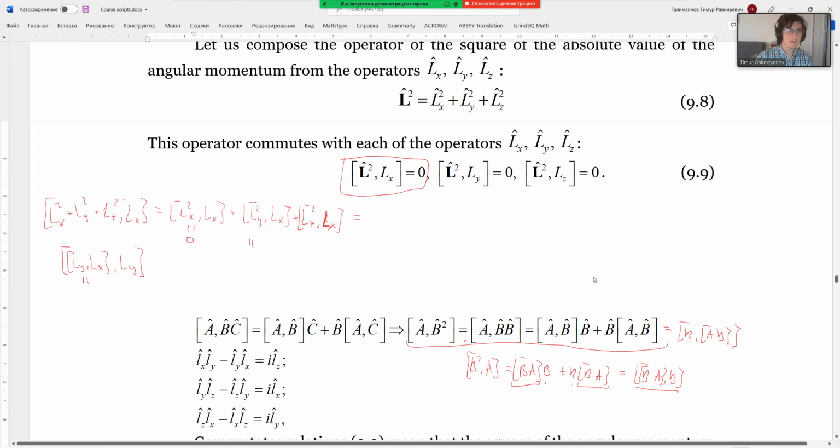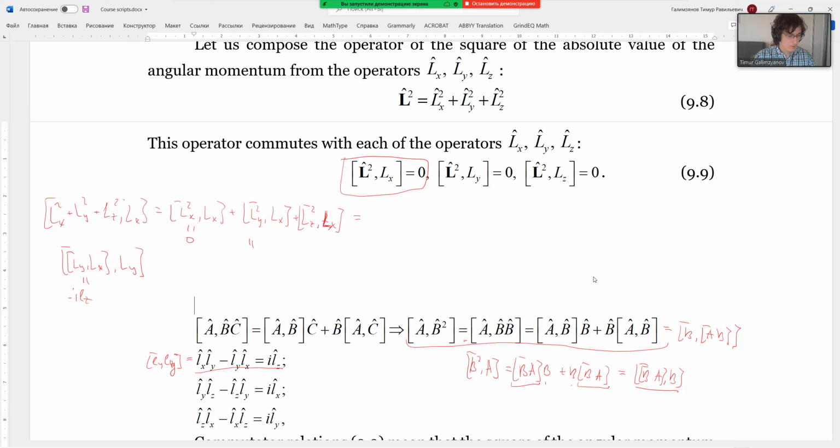So Ly with Lx, we know that Ly Lx equals minus i Lz, because here it is written Lx Ly. Note that small l and large L are governed by the same commutation relationships.